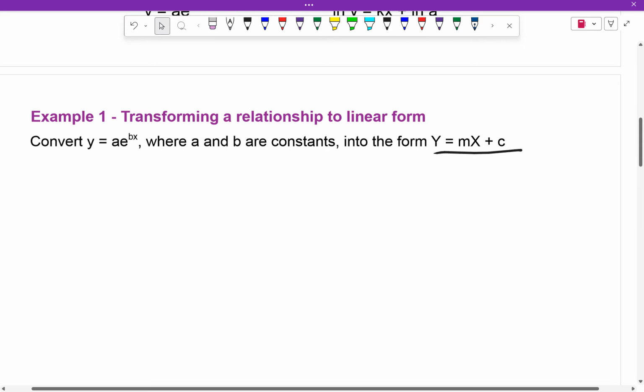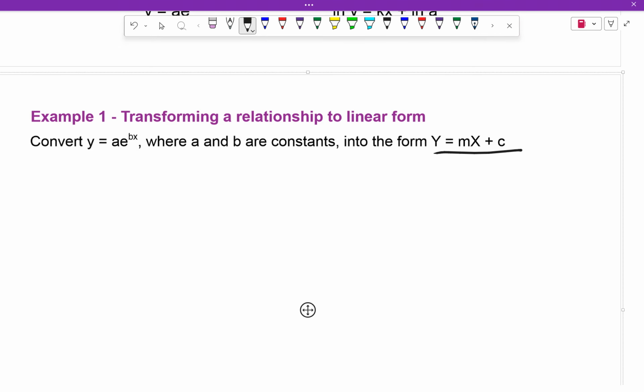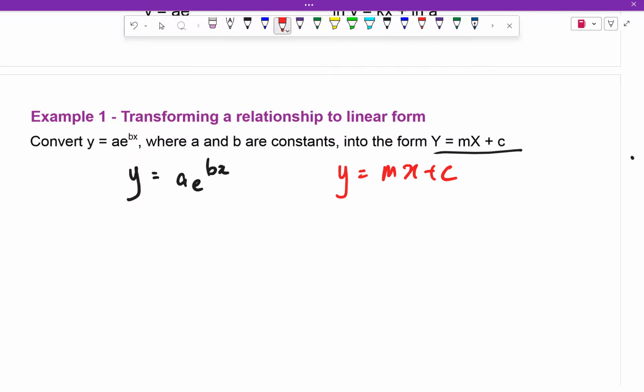我们可以做的东西第一个步骤 first of all, let me put y equals to ae to the power of bx first. If that's the case, obviously 我们要把它变成 y equals to mx plus c form, right? That is our goal.